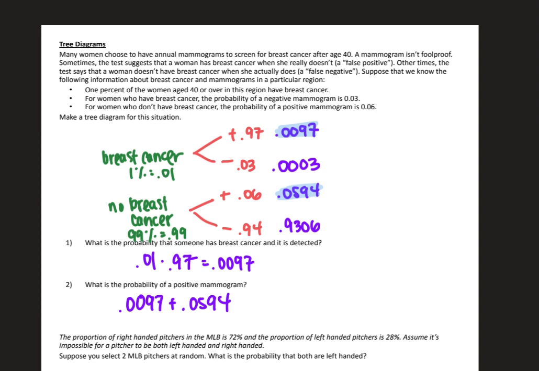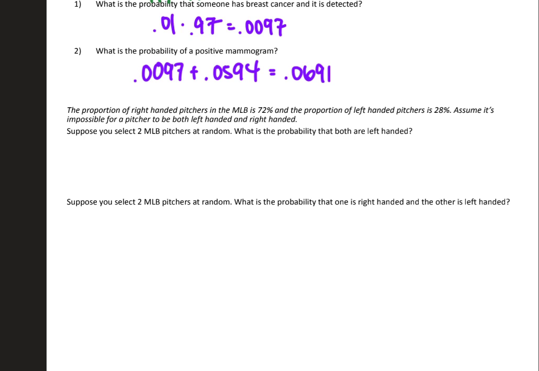That's going to be 0.0691. So if we looked at all of the mammograms that are taken by women in this region, approximately almost 7% of those would be positive. Some of them would be women who have breast cancer, and some would be women who do not have breast cancer. All right, let's look at some more multiplication rule examples.